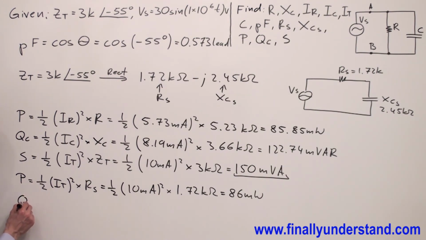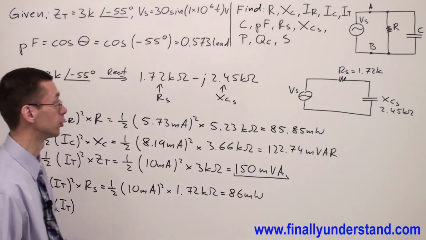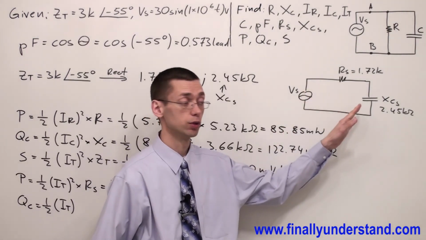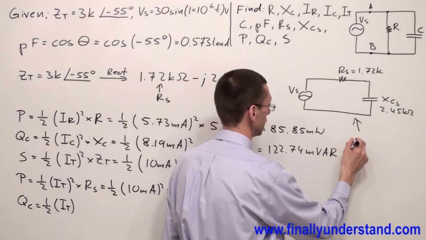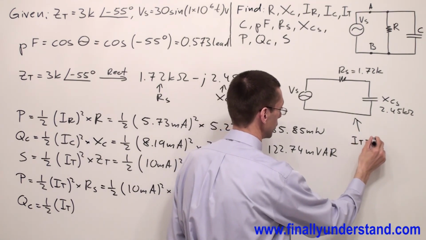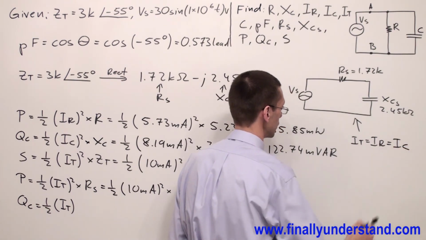So if you want to check, let's say, reactive power, QC is equal 1/2, again, I total, because right now I'm talking about the series circuit. You have to remember that in series circuit I total is equal IR, and this is also equal IC.